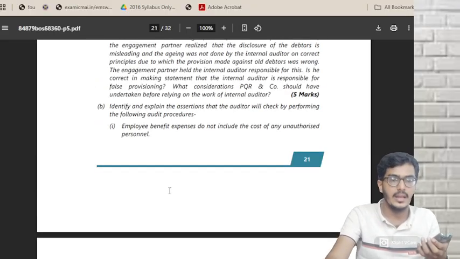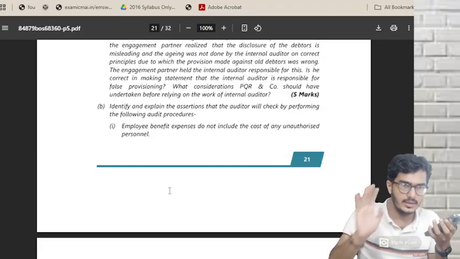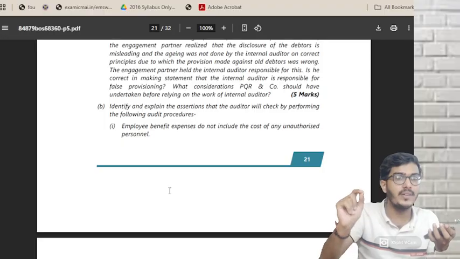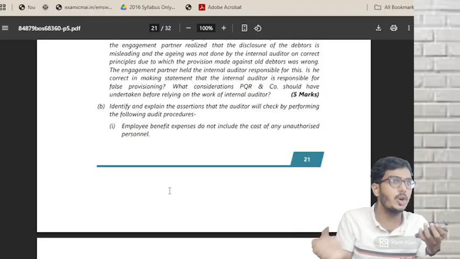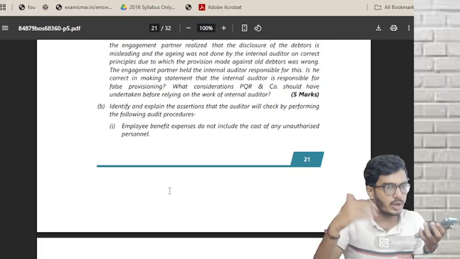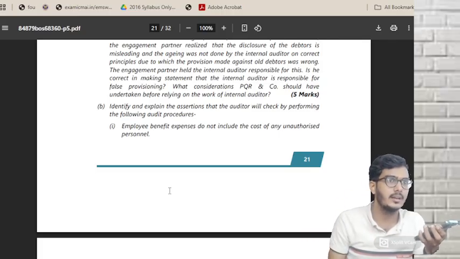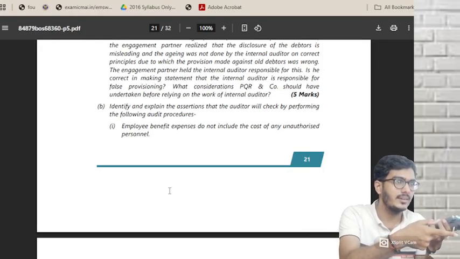Now read it. Employee benefit expense, which is recorded in the P&L. It is a P&L item. Do not include the cost of any unauthorized personnel. That means something which is not of our entity should not be included in our entity. Think what the answer will be. Occurrence. What did you write?